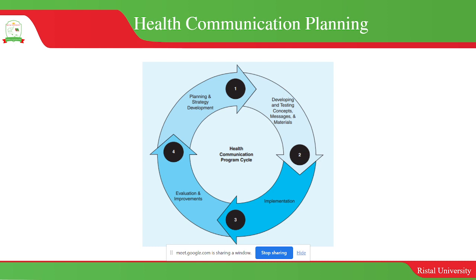After that step, now you can test. Testing means that you are piloting and seeing whether the message will actually resonate and will actually be the appropriate message. And then you move to now implementation.